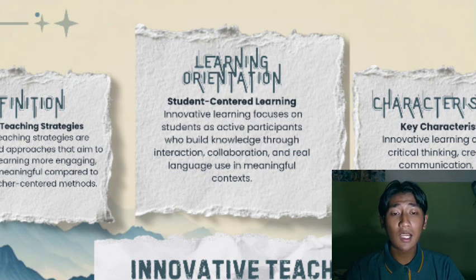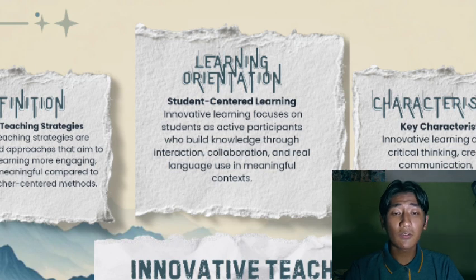This learning orientation helps students develop not only language skills but also confidence in using English in real life situations, because in this era many students are scared of making mistakes when talking in English. So this kind of teaching method makes them more confident in using English.